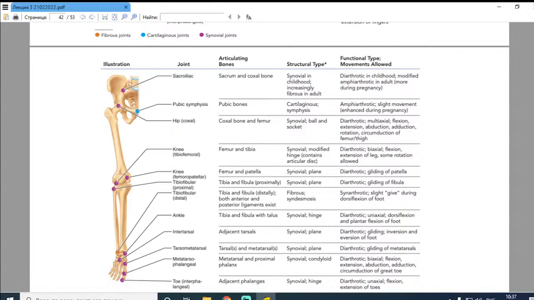Ankle joint. What do you see? This is tarsometatarsal. What do you see? Synovial. You see between what, an ankle.